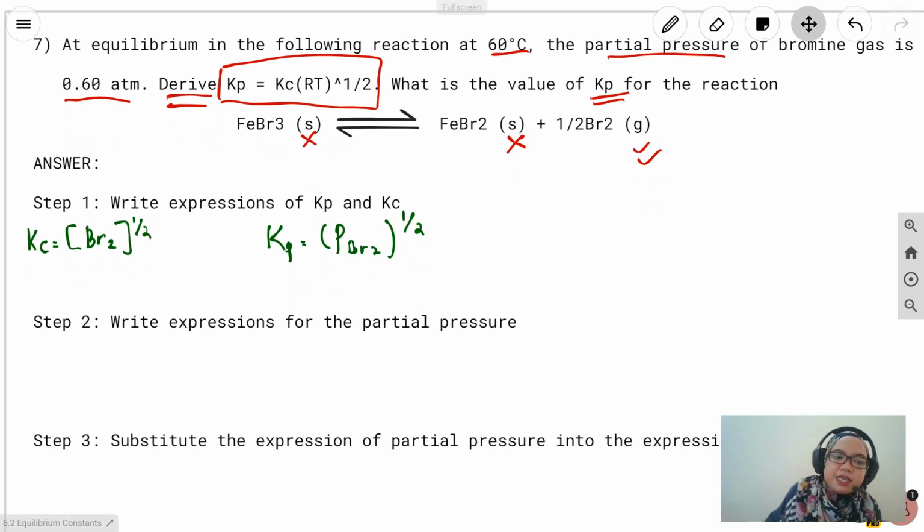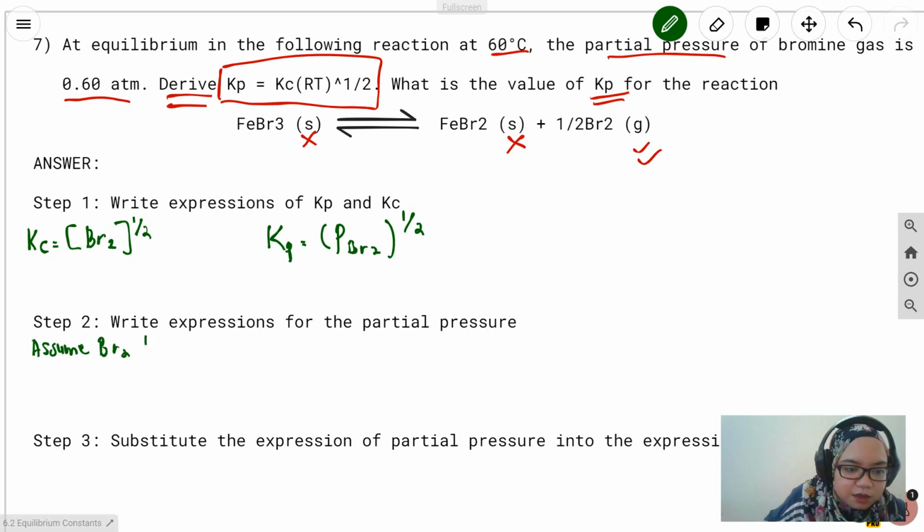So now, the second step is we want to write the expression for the partial pressure. So we know that. So we will assume bromine gas behaves ideally.